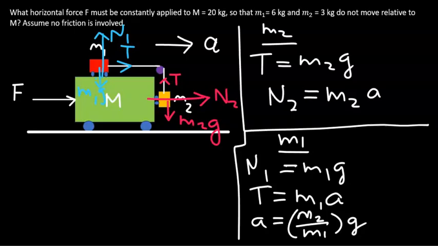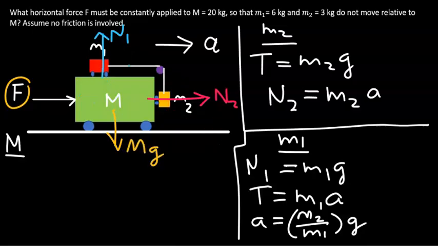Finally, let's look at the free body diagram of the trolley with mass capital M. So what are the forces? The horizontal force F that is acting directly on that trolley, that's one. The second force is its weight, capital M times G. The third force is the force with which M1 presses on capital M, and that is the same as N1, like that.